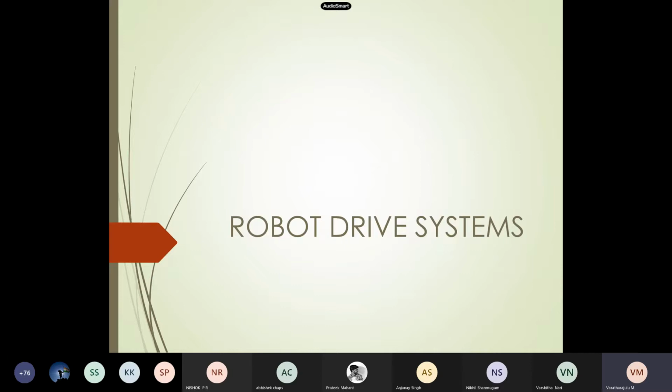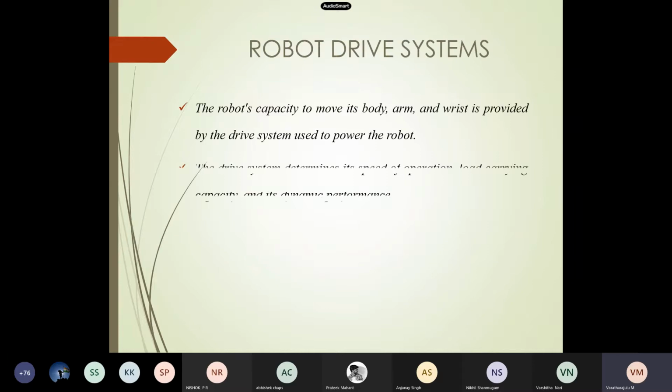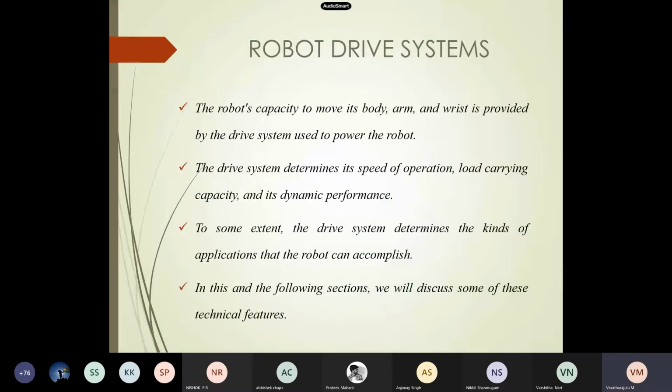There are several types of robot drive systems available, and the factors we need to consider are power consumption, position accuracy and repeatability, speed of operation, stability, reliability, cost, and many other factors in order to select the appropriate drive system.